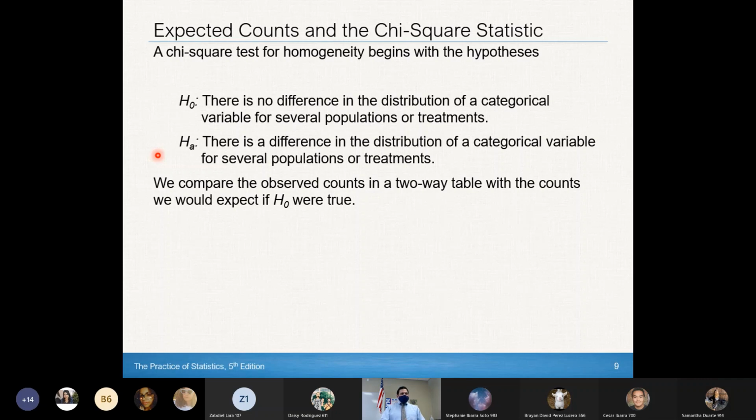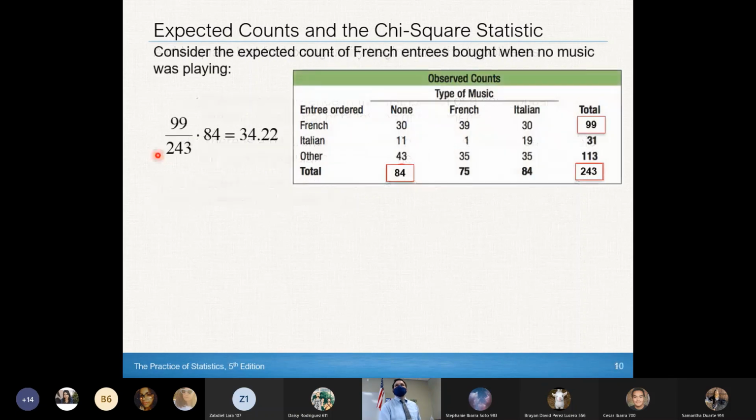We compare the observed counts in a two-way table with the counts we would expect if the null hypothesis were true. Again, remember our expected counts use the assumption that the null hypothesis is true.